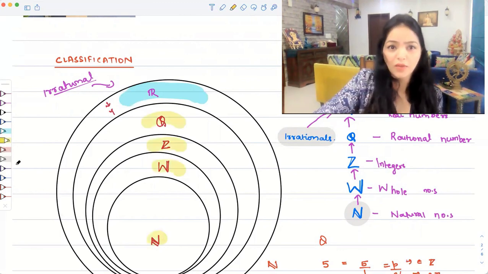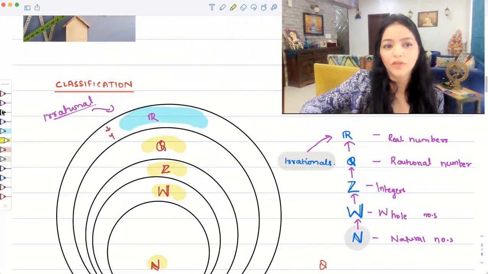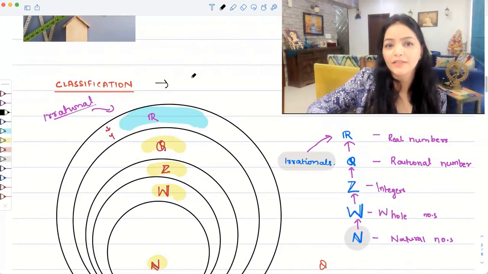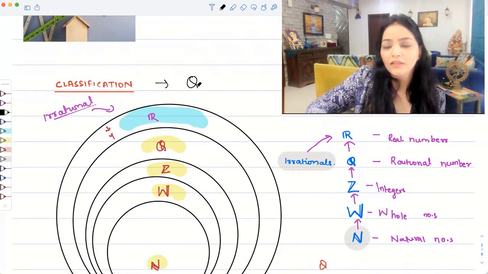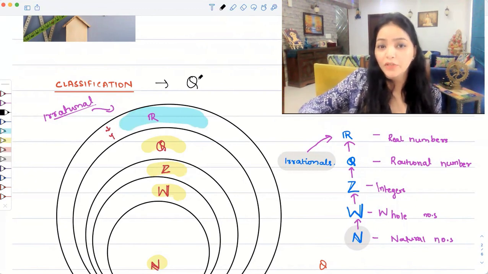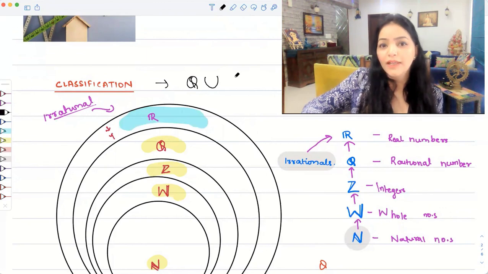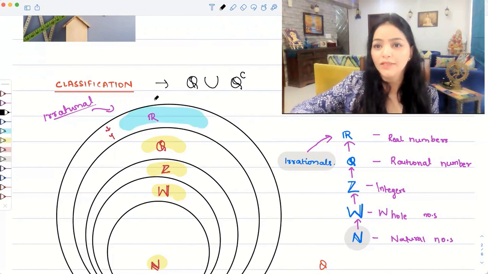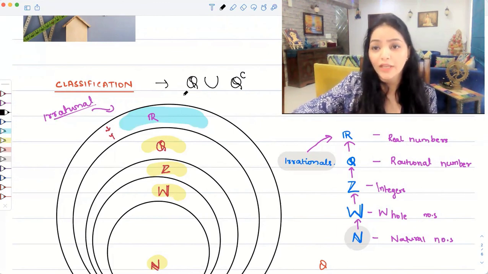In a nutshell now, for the classification of real numbers, I can say that real numbers are a union of all the rational numbers and irrational numbers, which we write down as Q complement. Because whatever is not there in the set of rationals is there in irrational as long as it's a real number. Thank you.